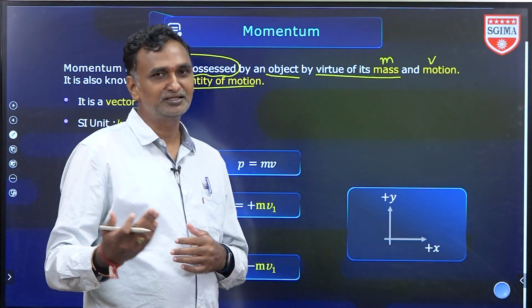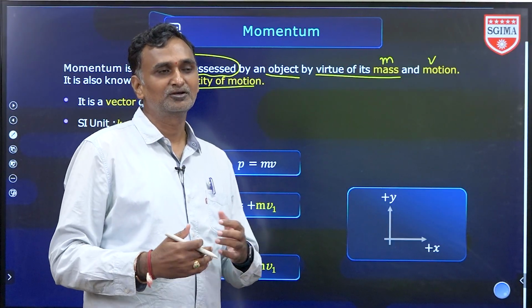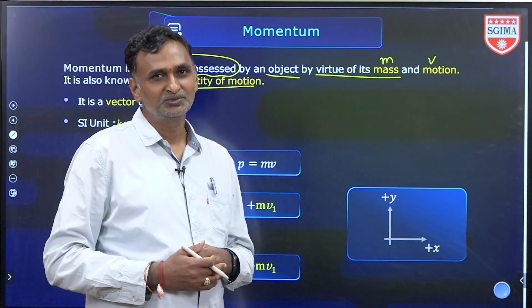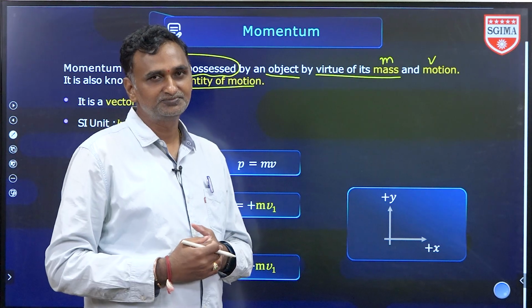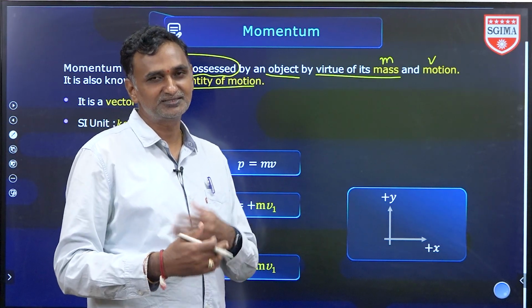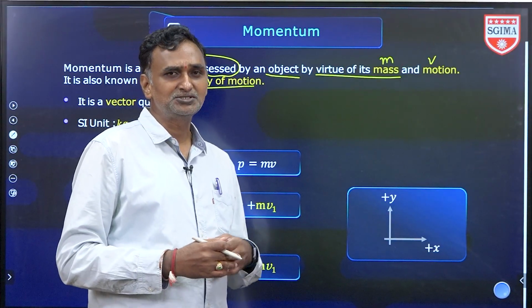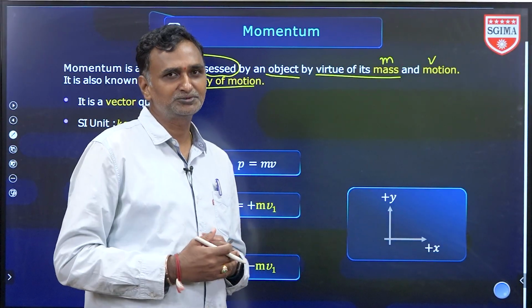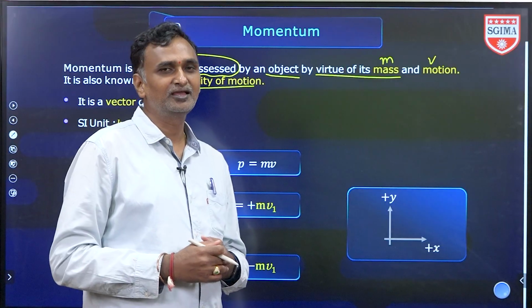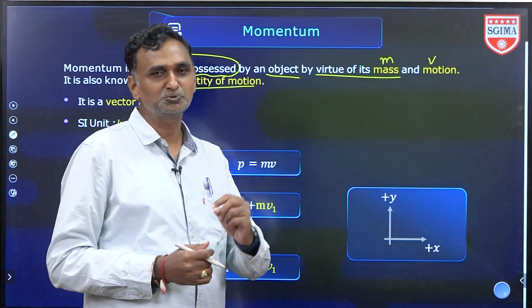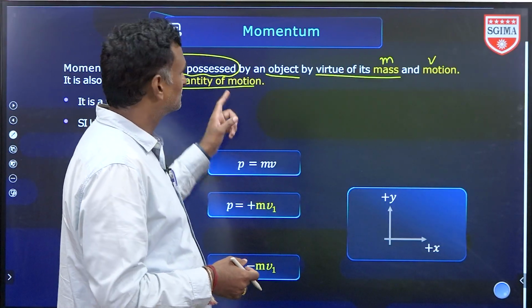Suppose he saw a heavy goods truck going with a greater speed. I saw a truck on the road which has a very heavy mass, even though it is going very fast. So the quantity to be understood here is nothing but momentum.